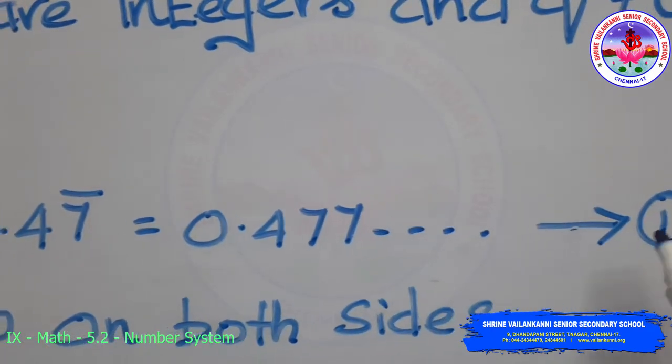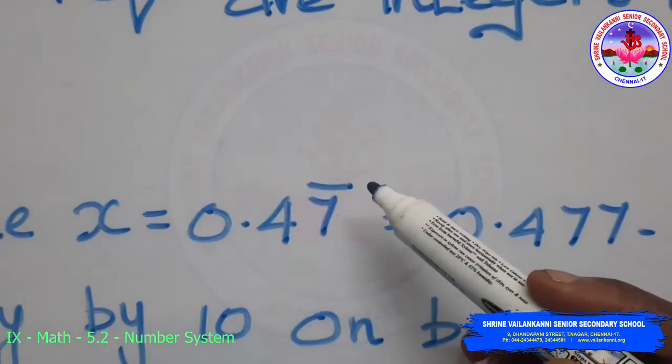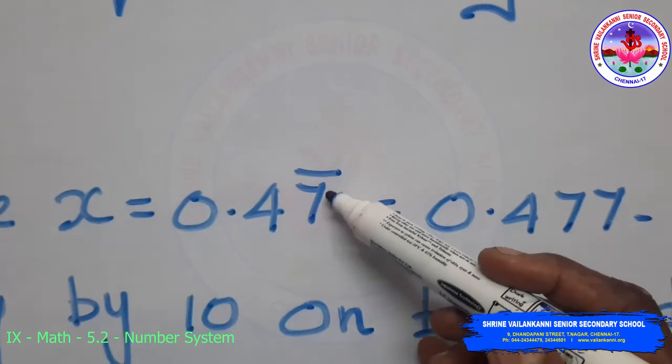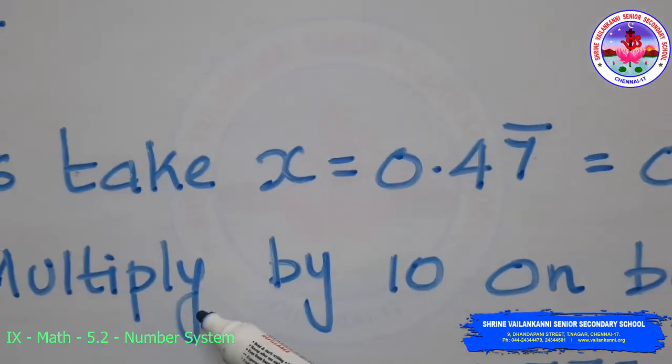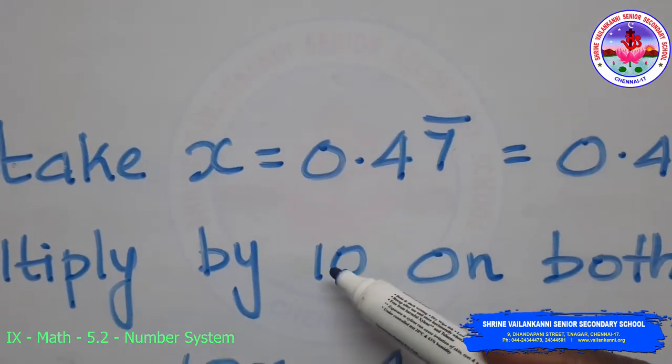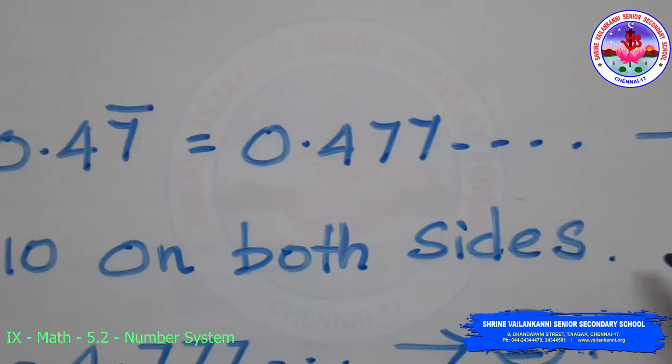Since the bar is placed above 7, we are multiplying 10 on both sides of equation 1.